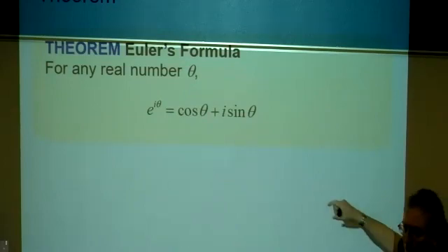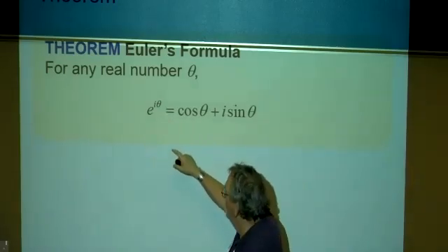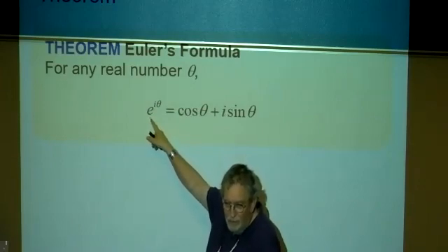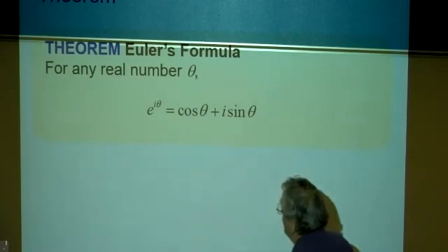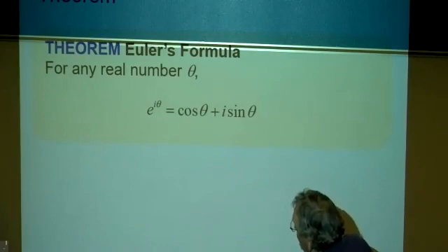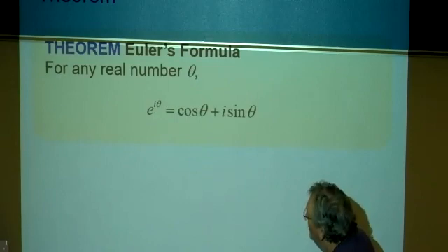You remember Euler? He's the guy who came up with the number e, 2.71 whatever, 186 something. Some French dude. And is that something to do with pi? Nope.